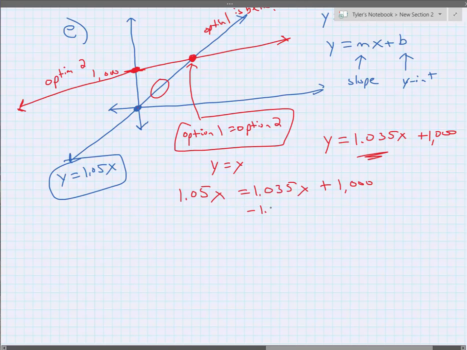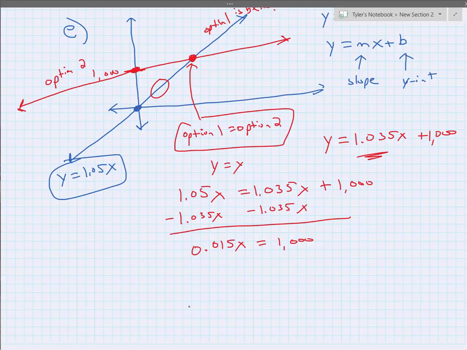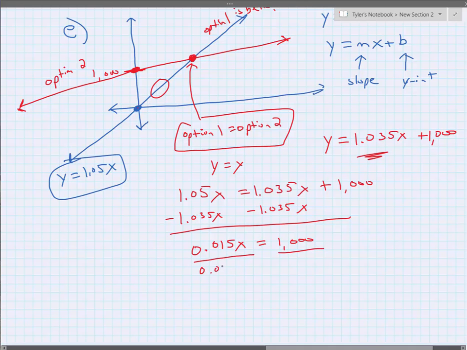So I can subtract 1.035x from both sides, and this would give me 0.015x equals 1,000. So then what we need to do next is divide by the coefficient, so divide by 0.015 on both sides.